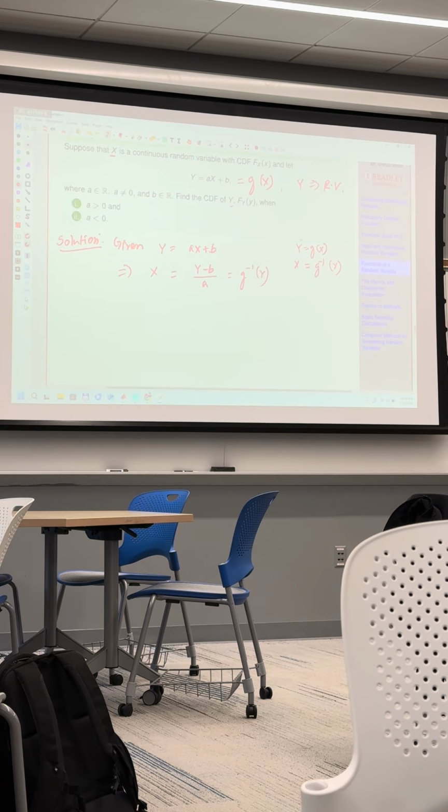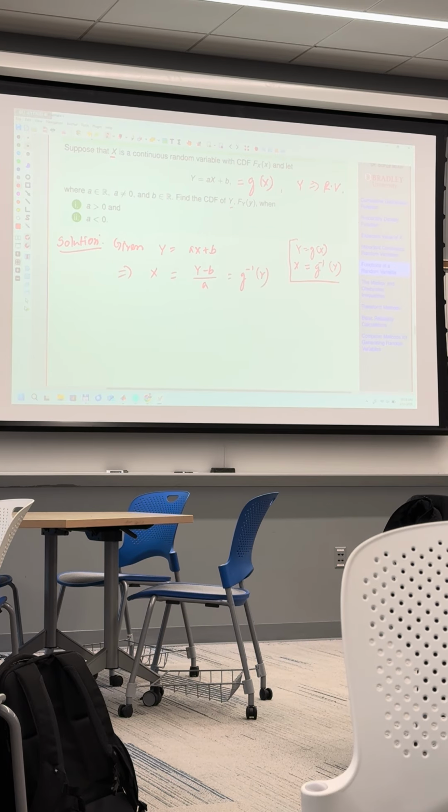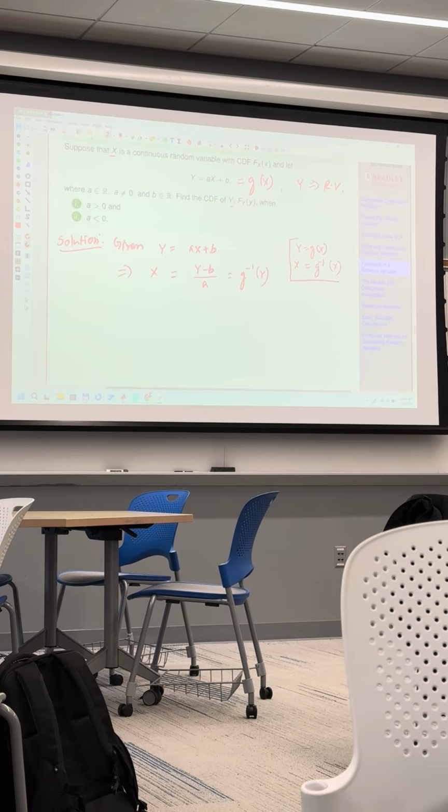So please don't be scared with this notation, g inverse. It's basically finding x in terms of y. That's all. If you can find a unique solution from the function itself, then it's a piece of cake.